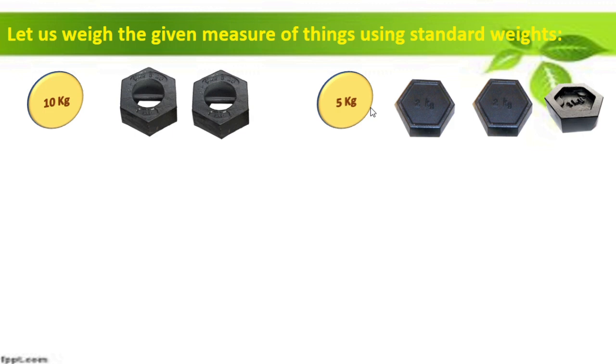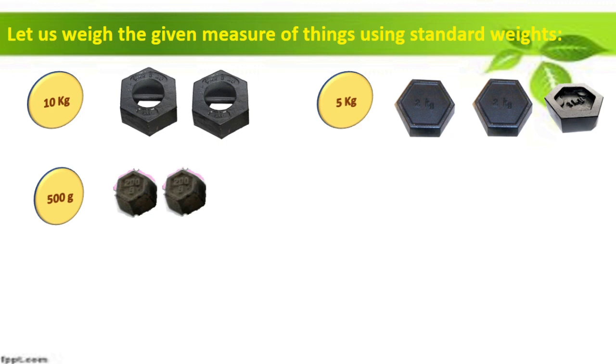Isn't it? Very good. Next is 500 gram I want to weigh. And we have 200 gram stones and 100 gram stones. Then 200 grams, again 200 grams, plus 100 grams.